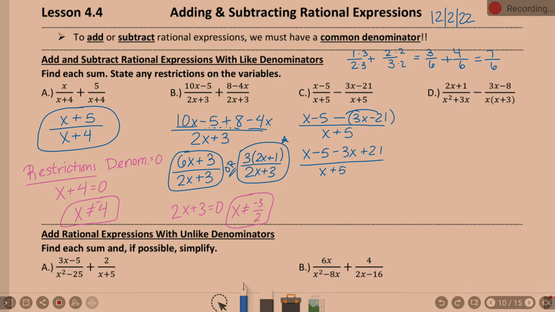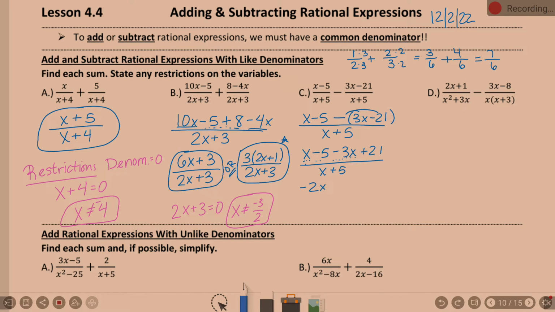What cleans up here? What do we know about x here? It goes with minus 3x. What's 1x minus 3x? Minus 2x.